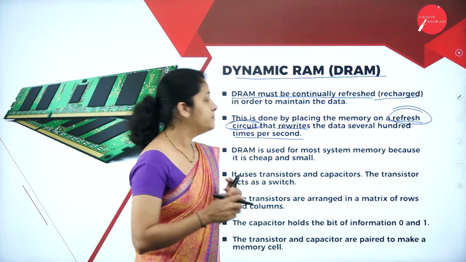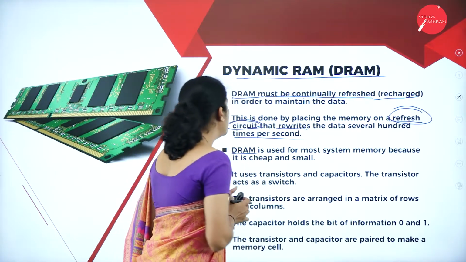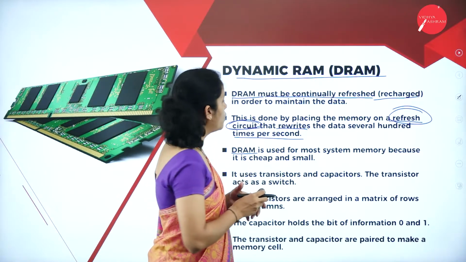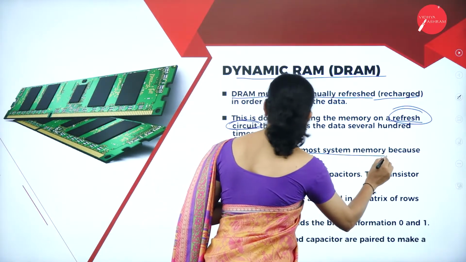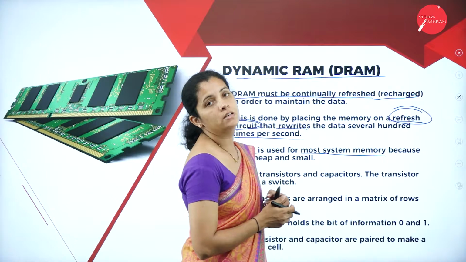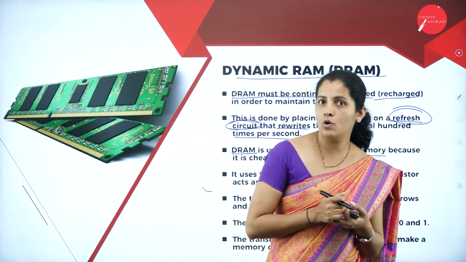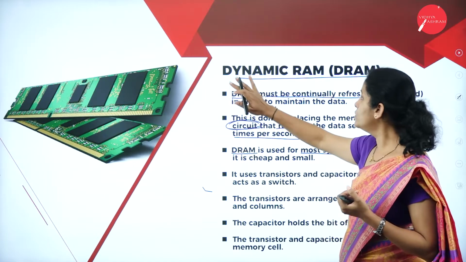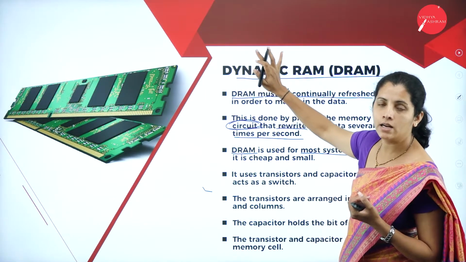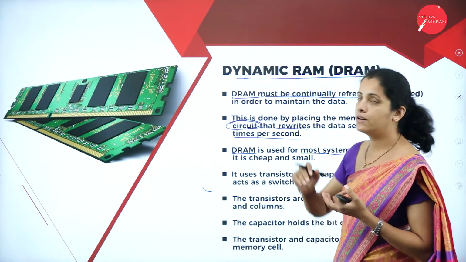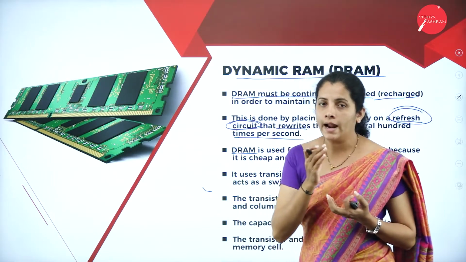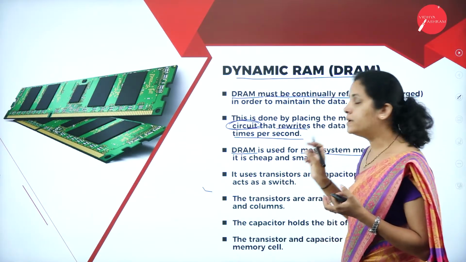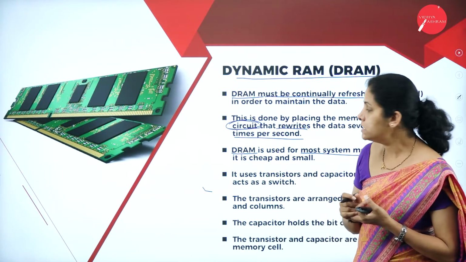And the dynamic random access memory is used for most system memory because it is cheap and small. That means in most systems we are going to use dynamic random access memory instead of static random access memory because it is cheaper and smaller in size.